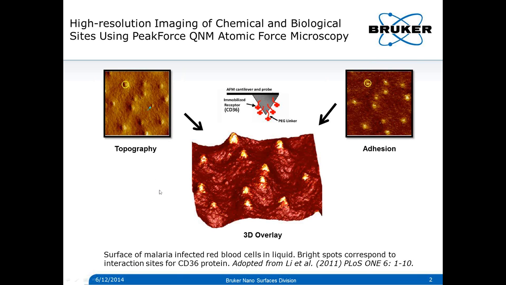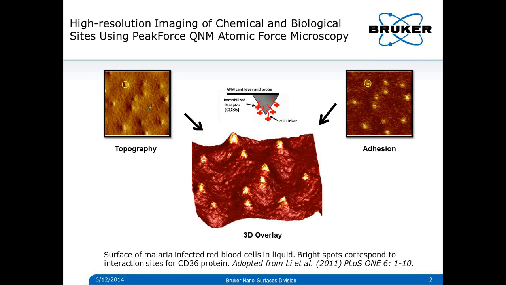Overlaying topography and adhesion nicely represents that the binding spots for receptors on the cantilever tip are located only on the knob-like structures of the cells. So let me now tell you about the technology that enables such detection, as well as other advantages and the type of information you can acquire using it.